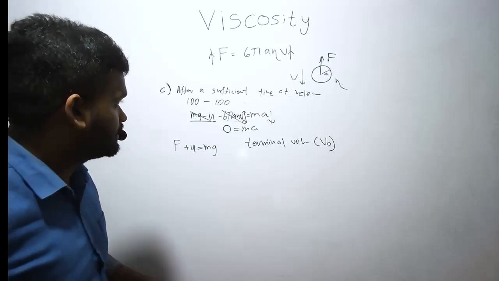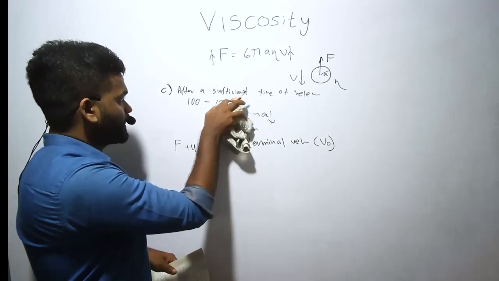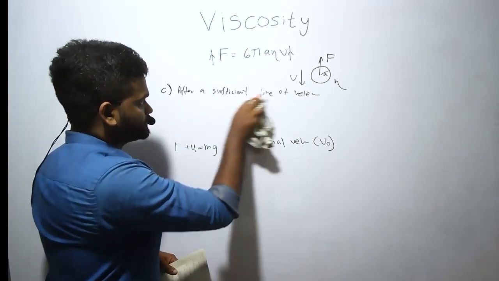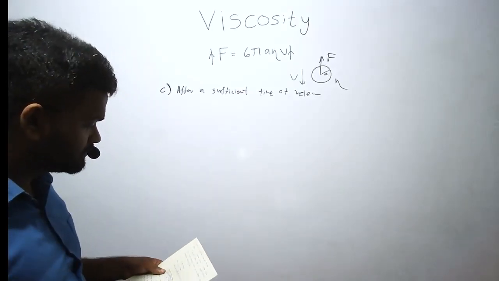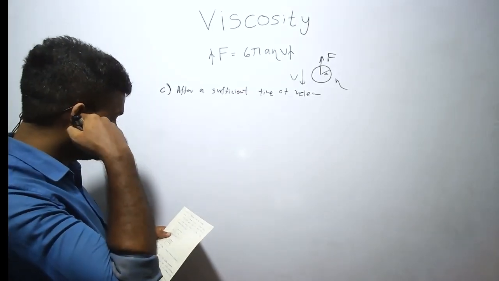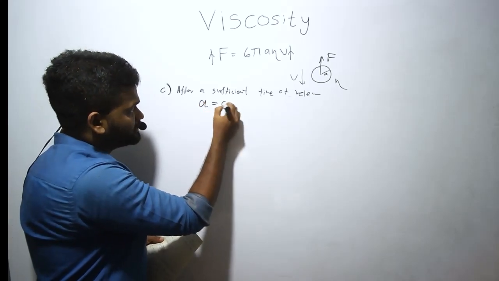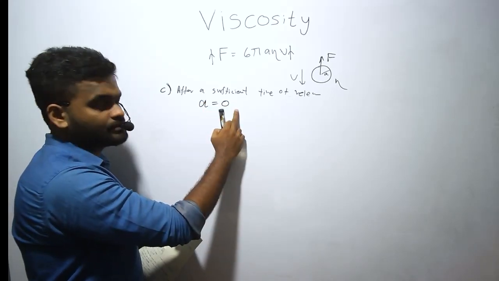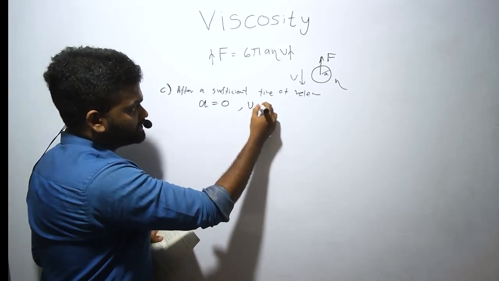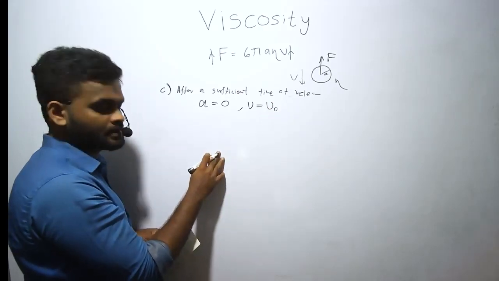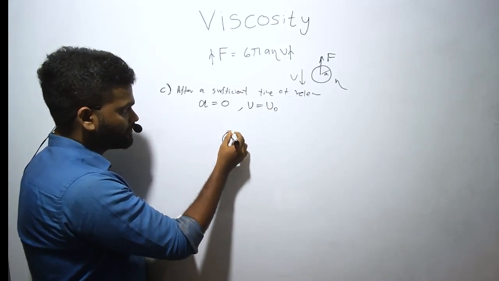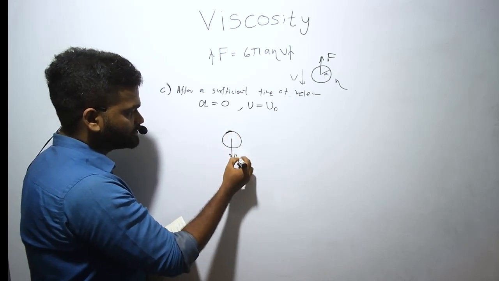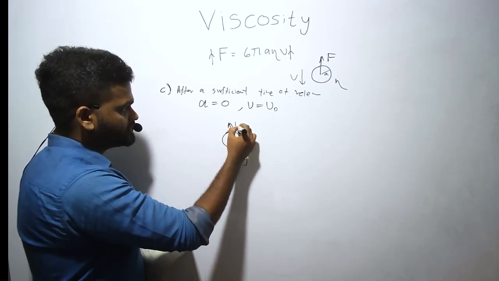Then, so at the V naught, what happens? Now the acceleration is 0, right? At this case, acceleration is 0. Velocity is V naught. In that case, so what are the forces? Mg is downwards, upthrust.